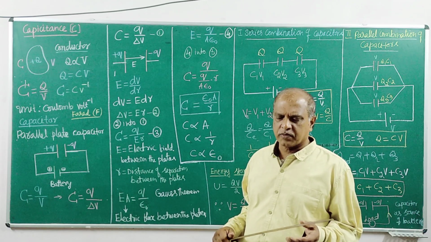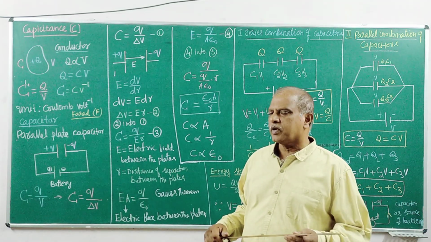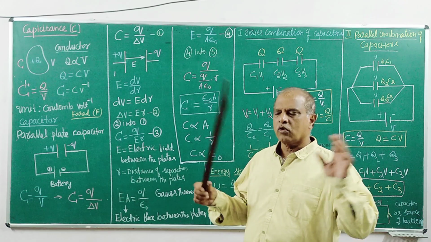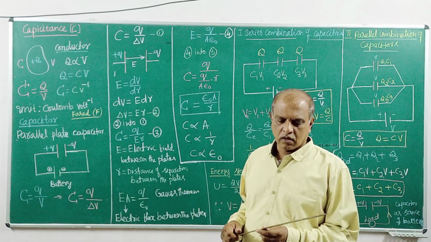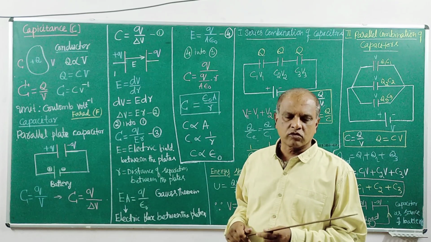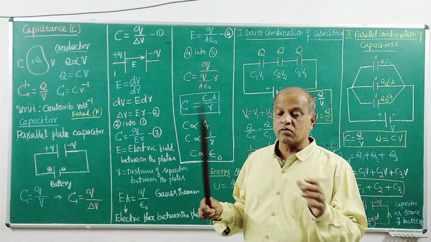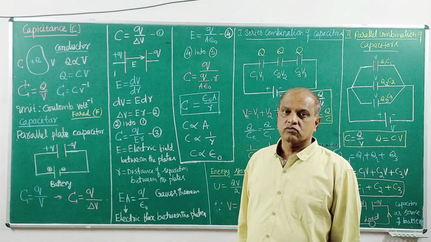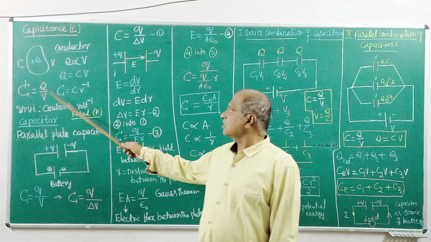It is a materialistic property. Different materials accommodate a different amount of charges per volt, a different maximum amount of charges. That is the capacitance of a conductor.